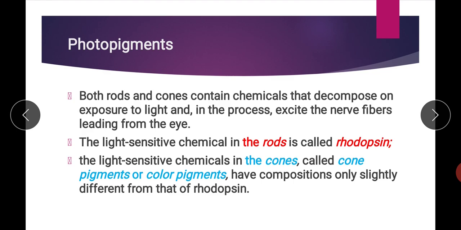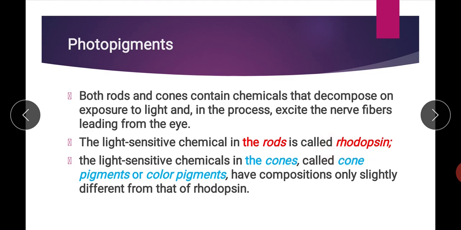The light sensitive chemical in the rods is called rhodopsin, and the light sensitive chemicals in the cones are called cone pigments or color pigments, and they have a composition only slightly different from that of rhodopsin.